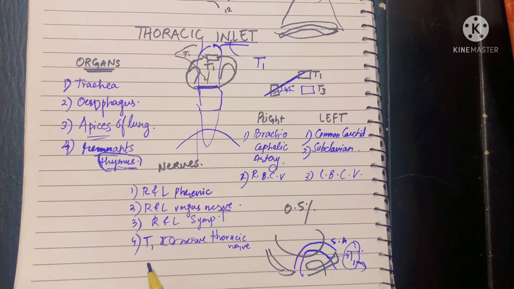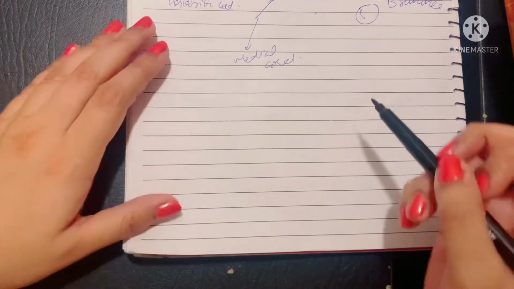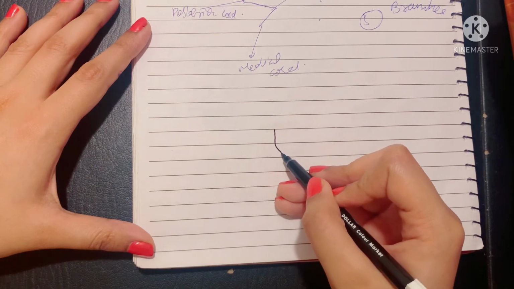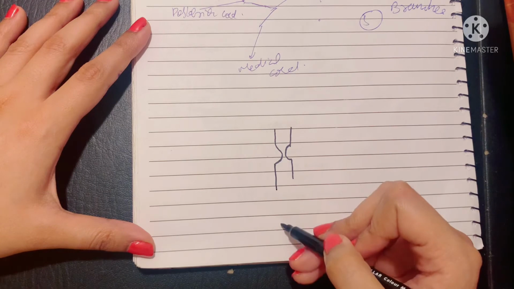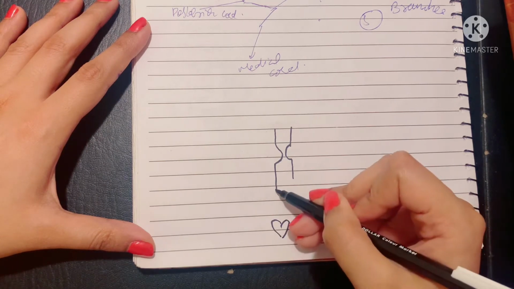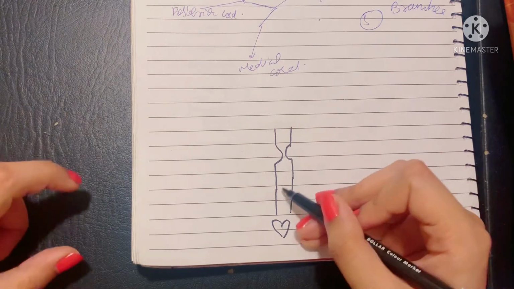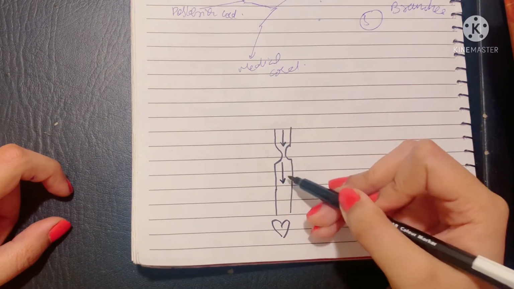Another very important clinical is the coarctation of the aorta. What does coarctation mean? Coarctation means the narrowing of something. So the aorta that is coming from your heart is getting narrowed. We are talking about your descending aorta right now, where the blood flow is going downwards.